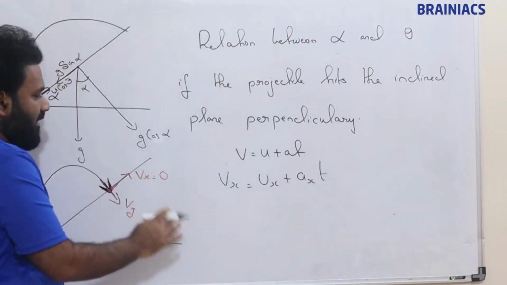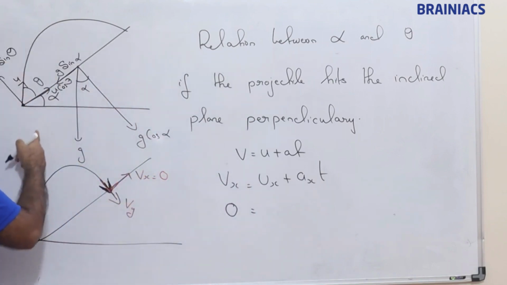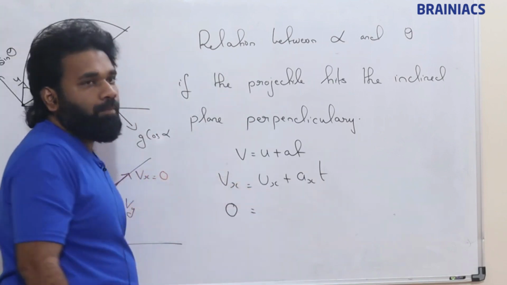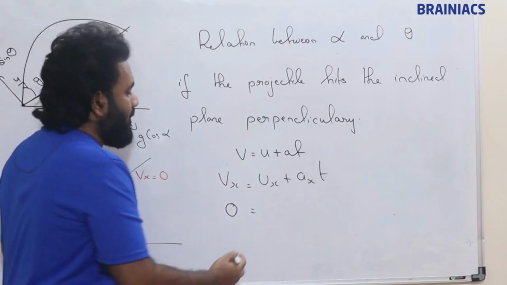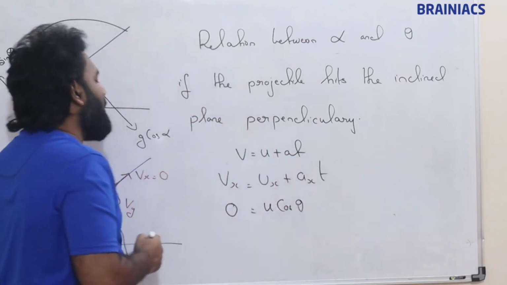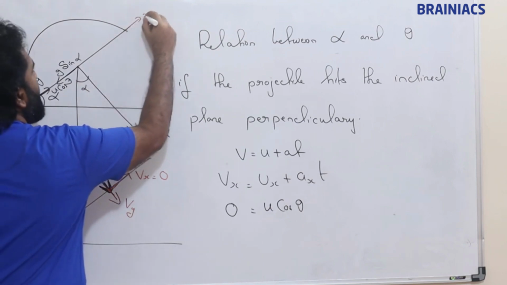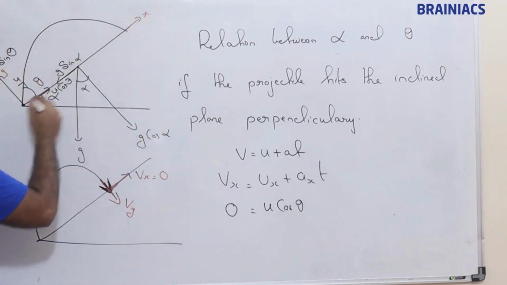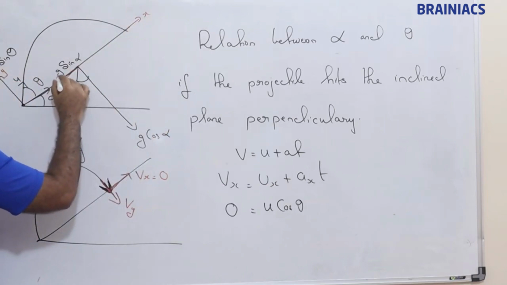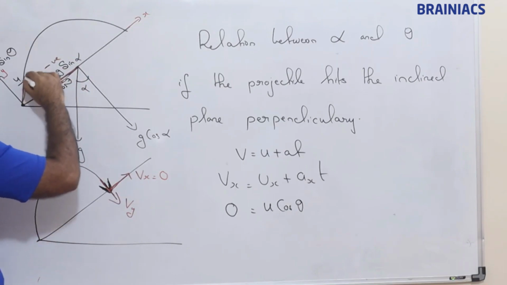Now here Vx will be 0, and the horizontal component of initial velocity is u cos theta. Suppose we consider this as x direction and this as y, we know this g sin alpha is negative because motion is in this direction.